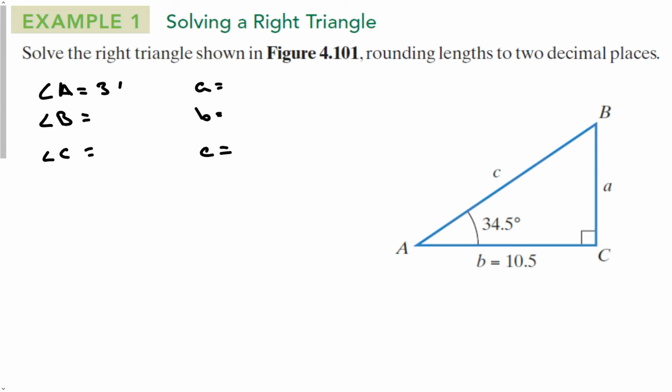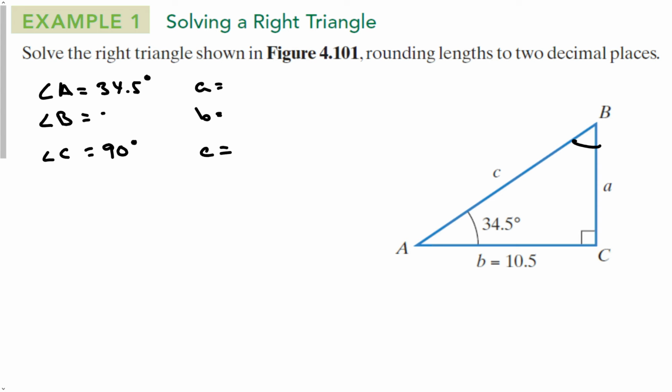Angle A was 34.5 degrees, and angle C is 90. To find the other angle, angle B, we can use the triangle angle sum theorem that says that every angle in a triangle has to add up to 180 degrees.